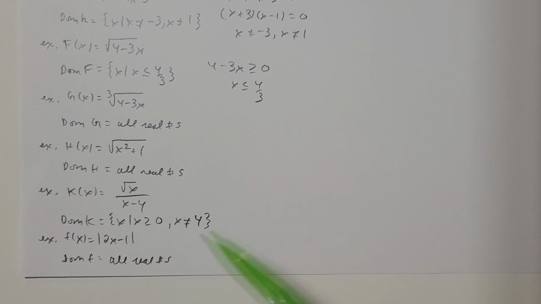Here's another example. Let's look at this one, then we'll be done with this video. f of x equals the absolute value of 2x minus 1. What's the domain? Well, I know that anything coming out of the absolute value bars is never going to be a negative. Do I even care about that though? Do I care about what's coming out of the function?